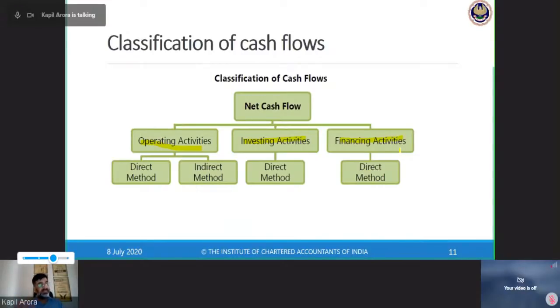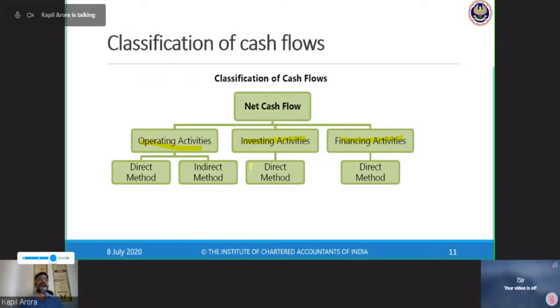In the illustration, we'll take the methods of how we prepare the cash flow statements. Generally, for investing and financing, we have only one method, so we are not bothered much about that.